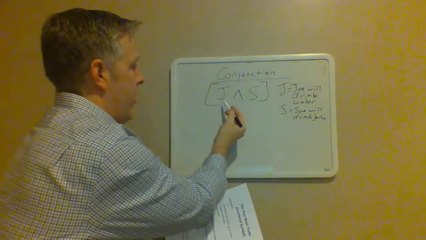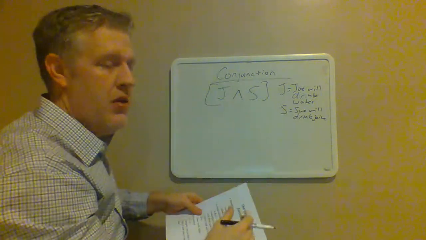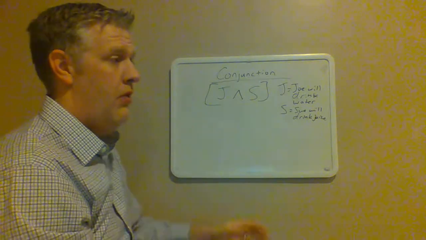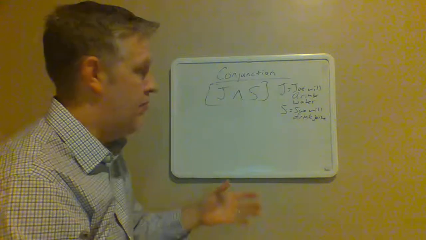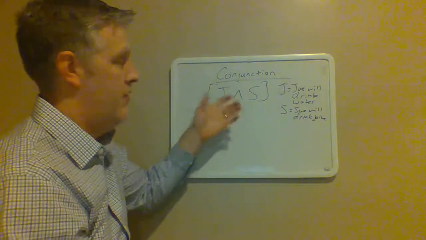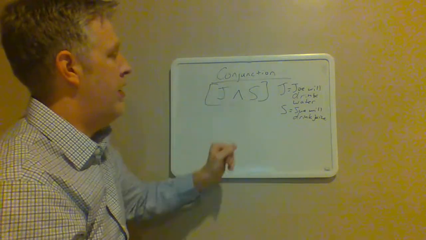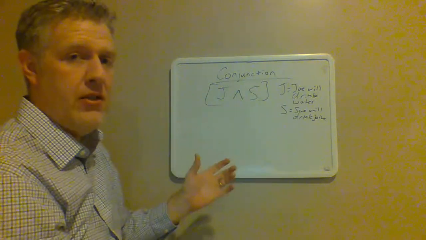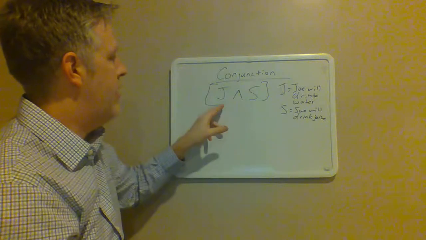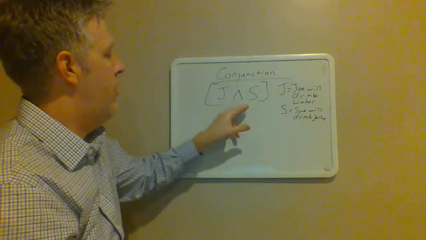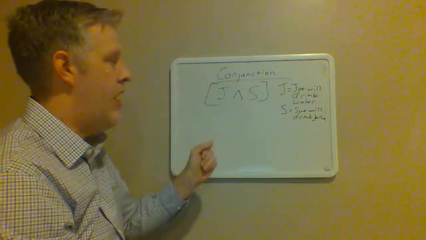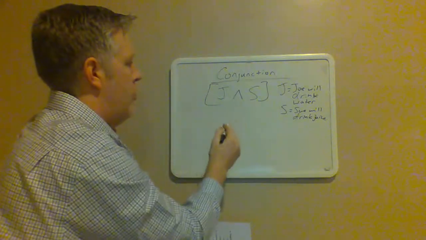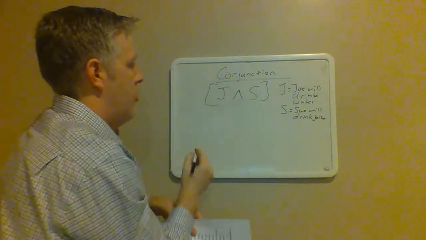So if Joe's not going to drink water, then the whole statement is false, because one of the things suggested was false. Or if Sue's not going to drink juice, sure, Joe will drink water, but Sue won't drink juice, then again the whole thing is false. All it takes is for one of the conjuncts to be false and the whole conjunction is false. So when is the whole conjunction true? If and only if both conjuncts are true.